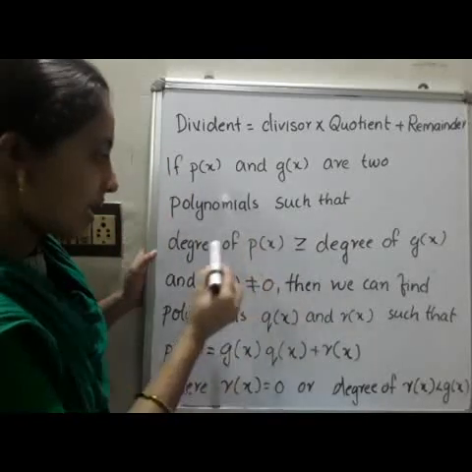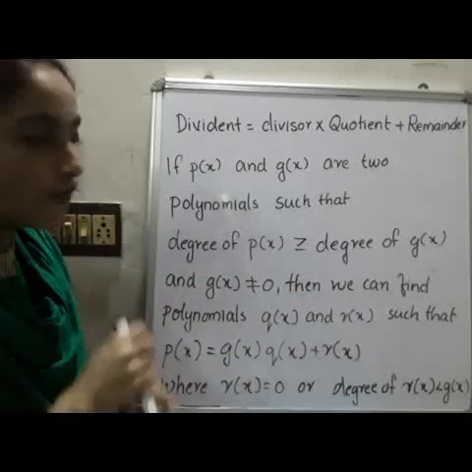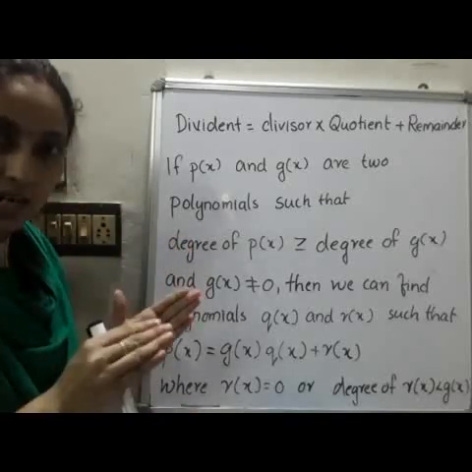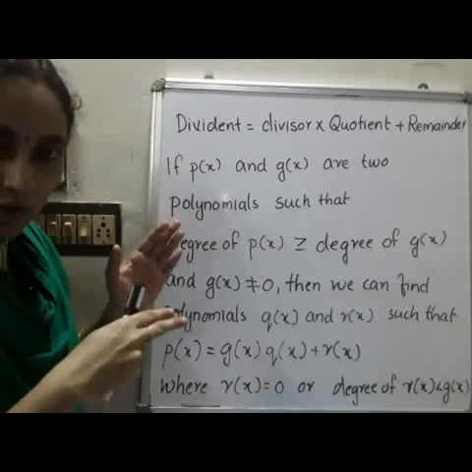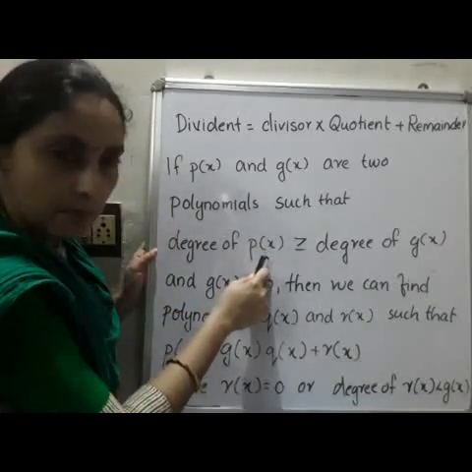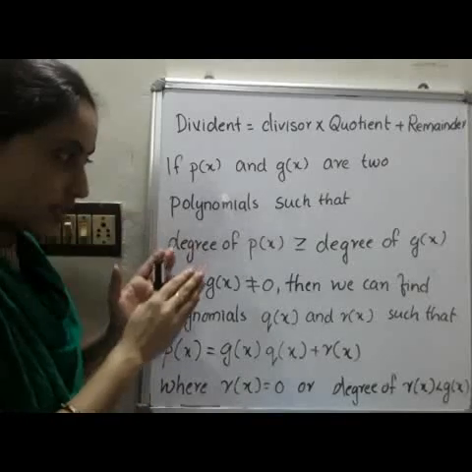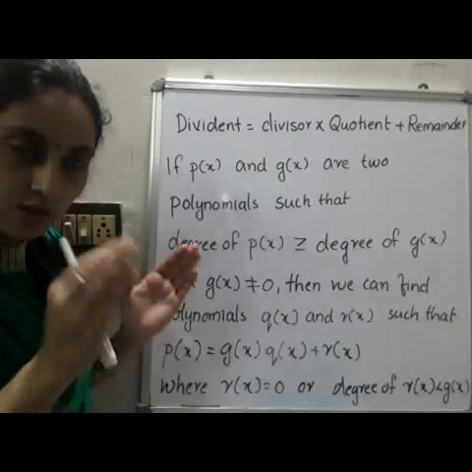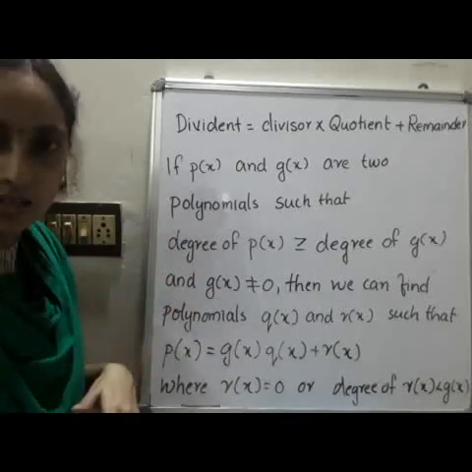Such that degree of p of x is greater than or equal to degree of g of x. That is, p of x is the polynomial that is to be divided. That is, dividend is the p of x, the one inside that box. And the divisor is the g of x. So when you divide, which degree should be greater, dividend or divisor?